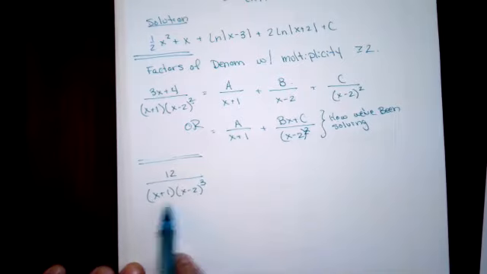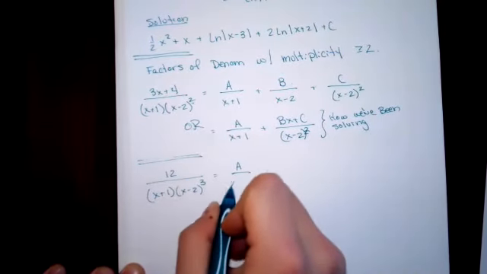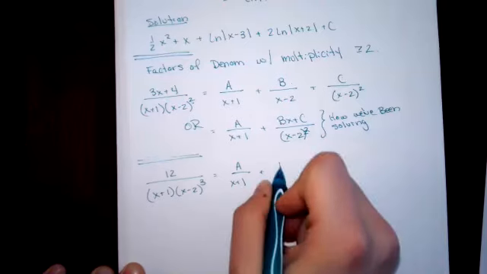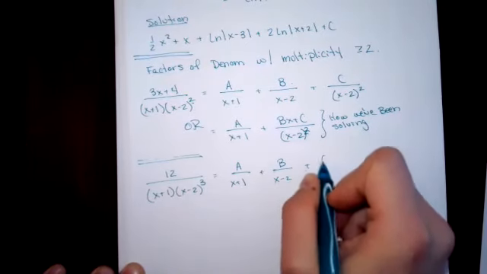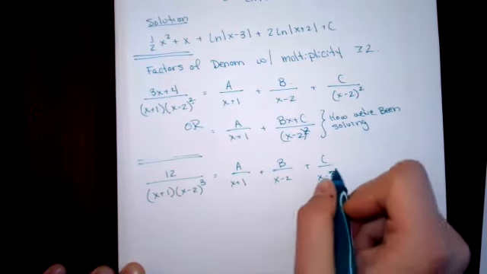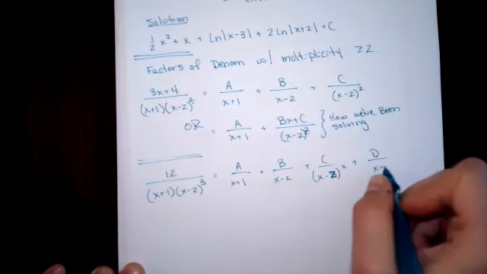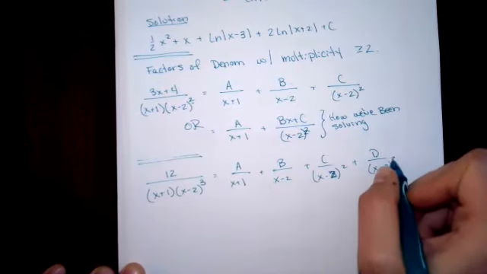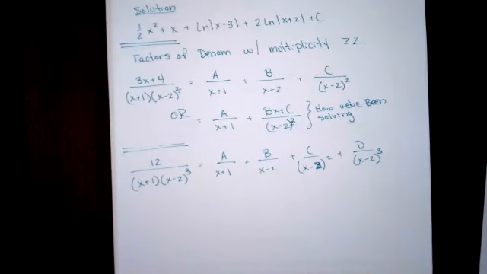If you want to break this down into partial fractions, you could write it as a over x plus 1 plus b over x minus 2 plus c over (x - 2) squared plus d over (x - 2) cubed. That is one way you could do that.